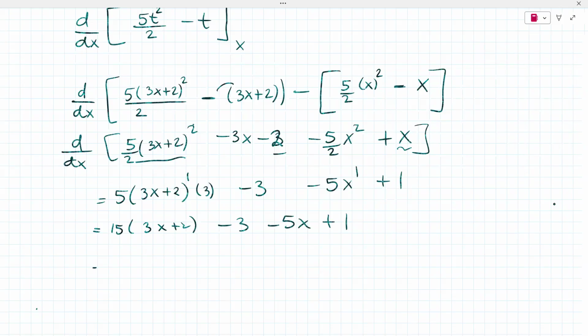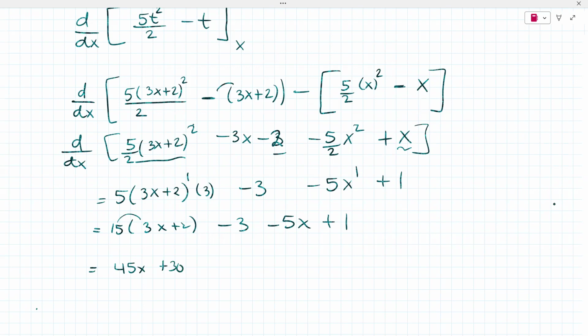So 15 times 3x is 45x. What's 15 times 2? I think it's 30.